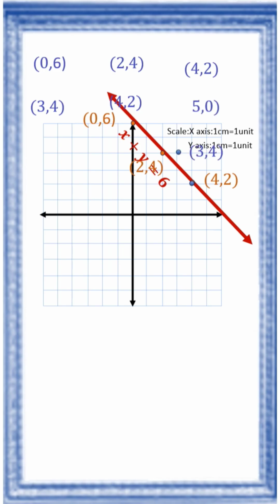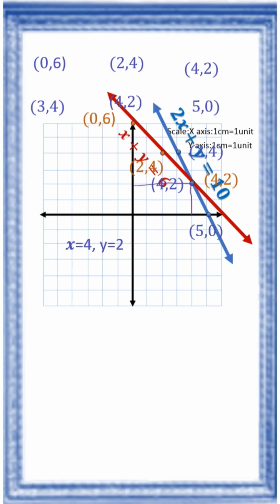Plot the points like this and join the points by a straight line which represents the second equation. Now both the lines intersect at x is equal to 4 and y is equal to 2.